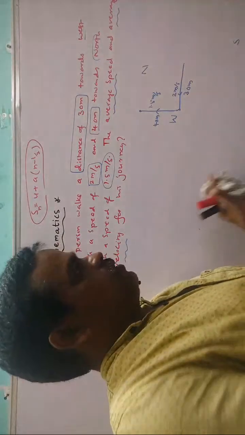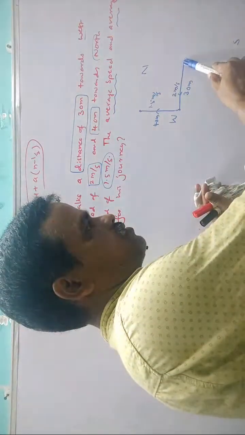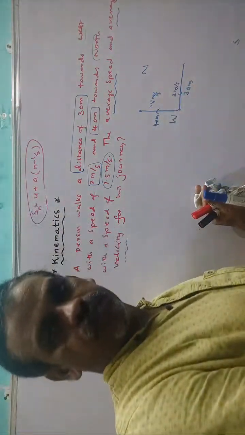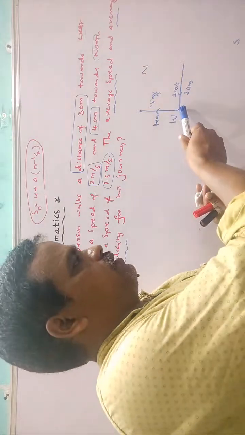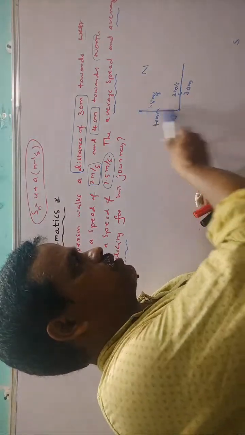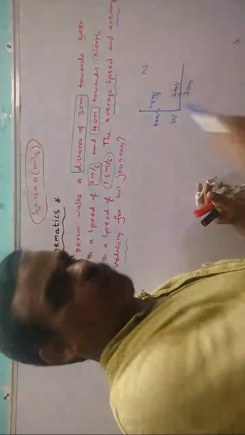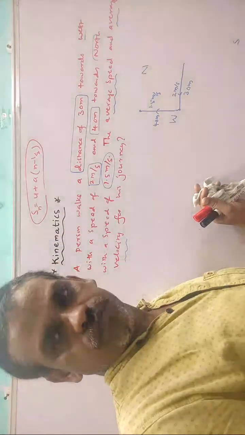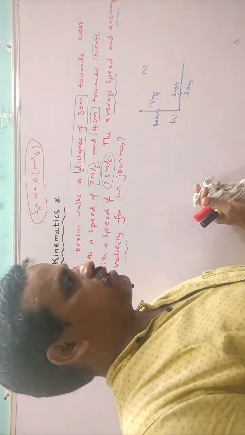A person walks towards west 30 meter with a speed of 2 meter per second. Then he walked towards north 40 meter with a speed of 1.5 meter per second.